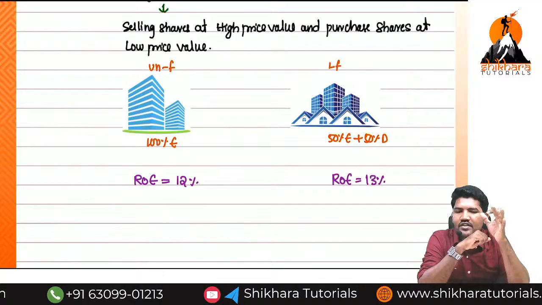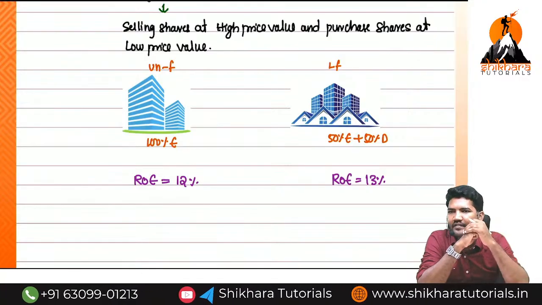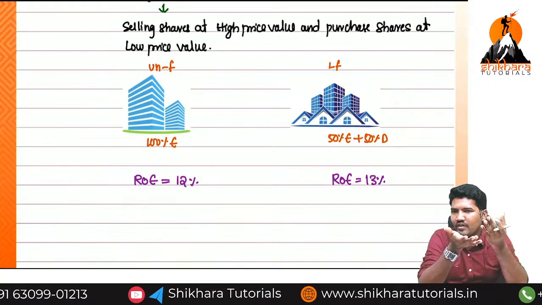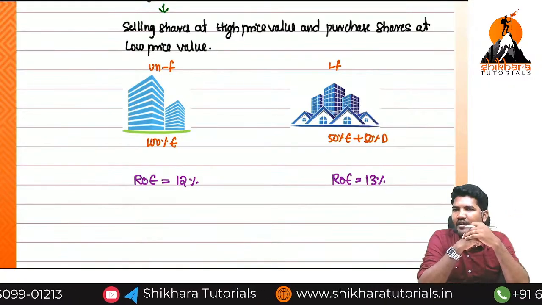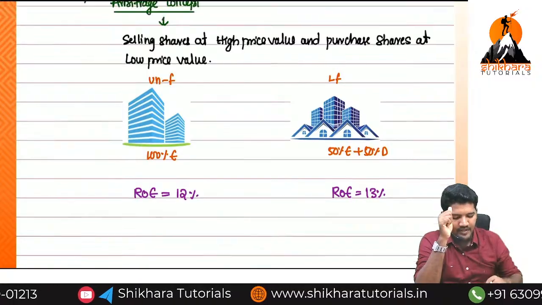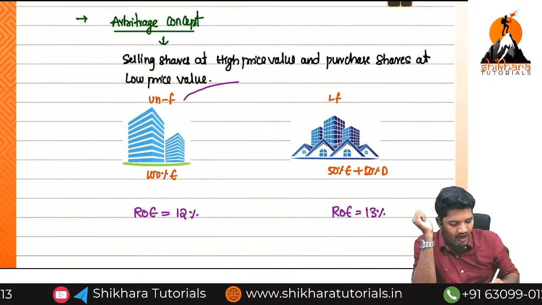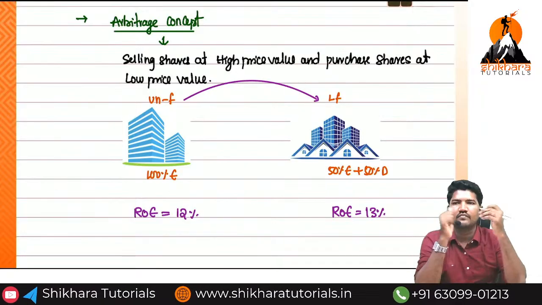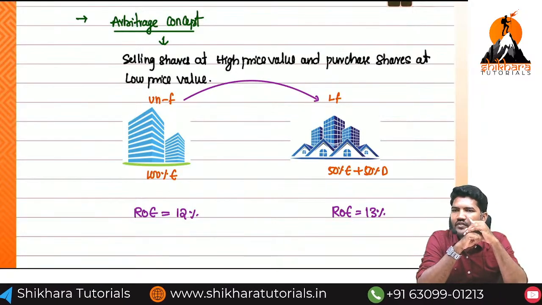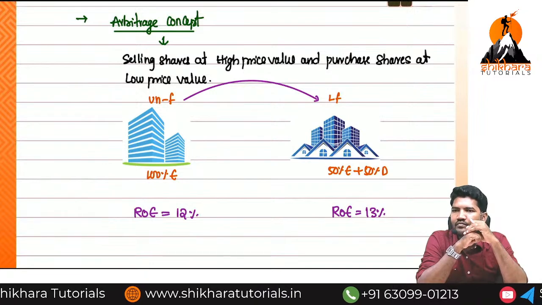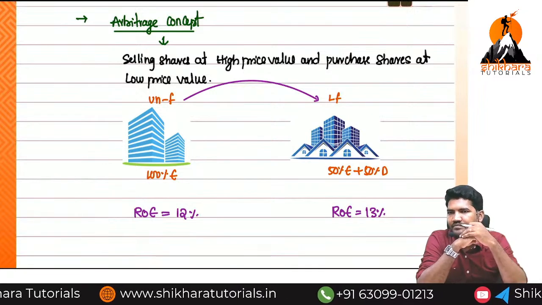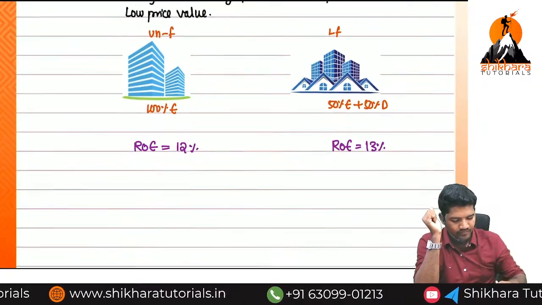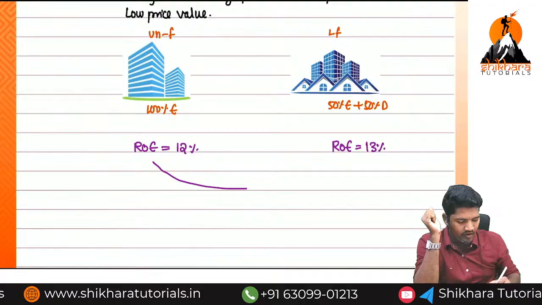Now, as a rational investor, where do you invest your money? Where I receive more equity earnings, in that company I will invest. Now, the person can shift from where to where, sir? From the unlevered firm to the levered firm. This is the way they will shift. They will shift because of high returns.